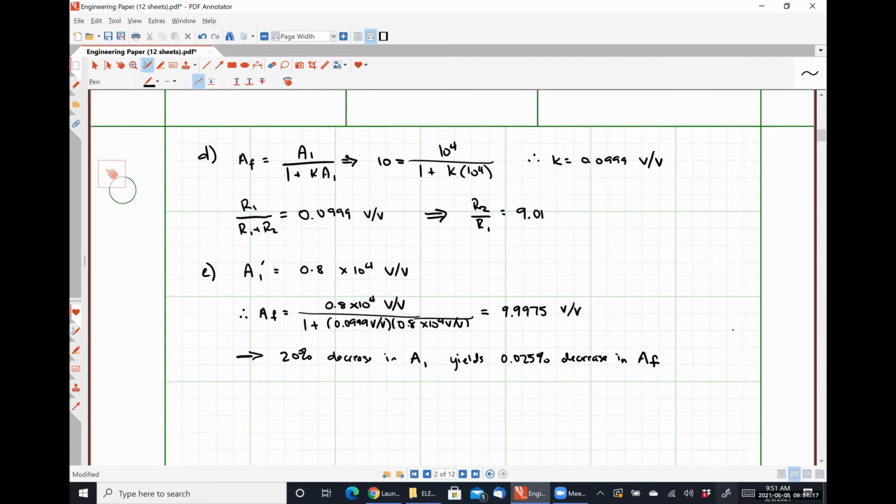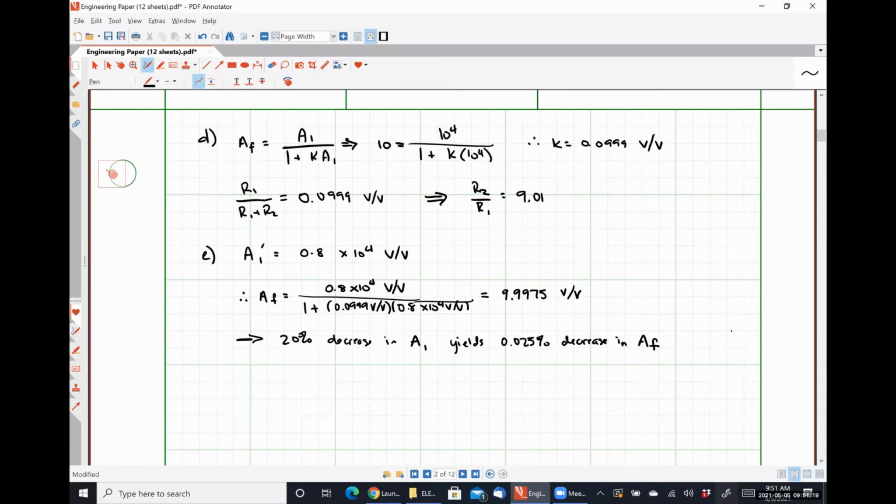All right, so we have shown how gain desensitivity and all that kind of stuff works. Now let's maybe do a little bit better job of quantifying exactly what's going on, okay? So we are applying the exact same feedback.